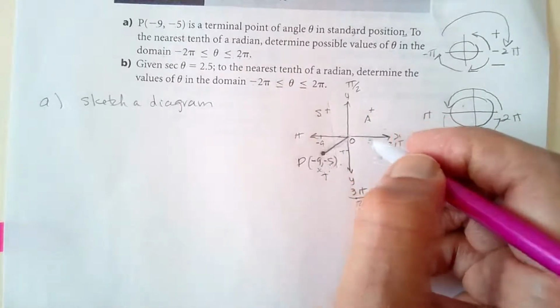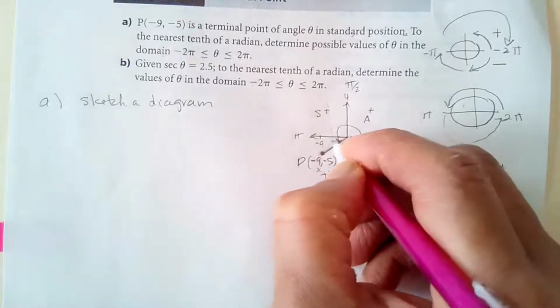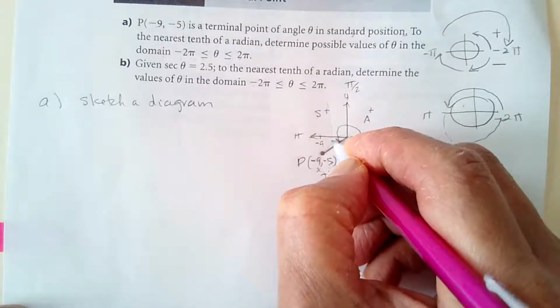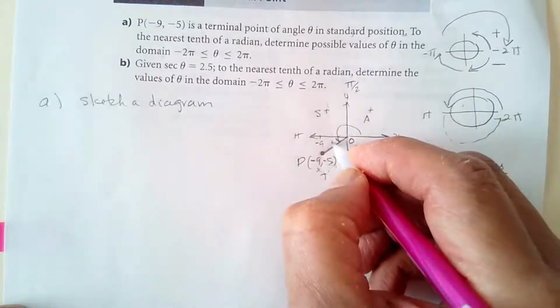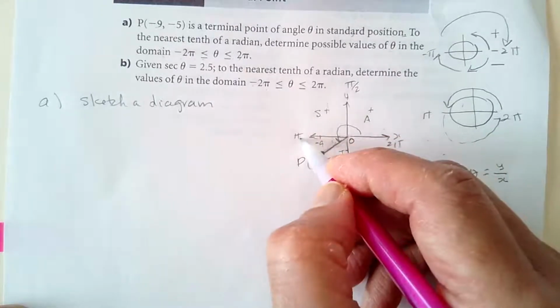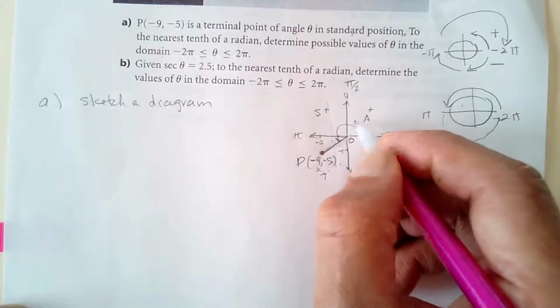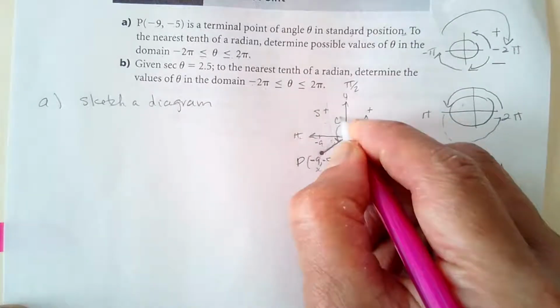We need to find this angle here, but we'll find the reference angle. So that's our goal now, is to find this reference angle. Once we know the reference angle, we add pi to it to give us theta. So we want to find theta.